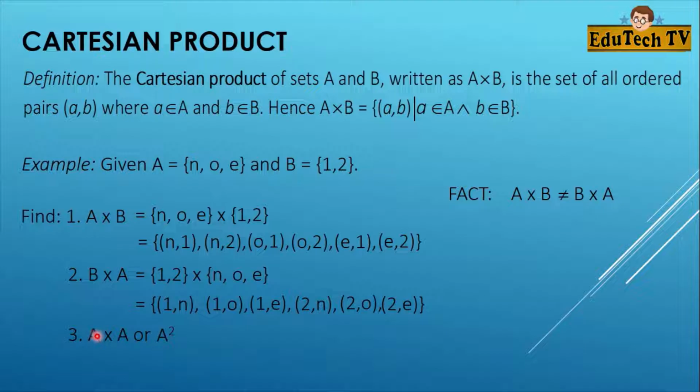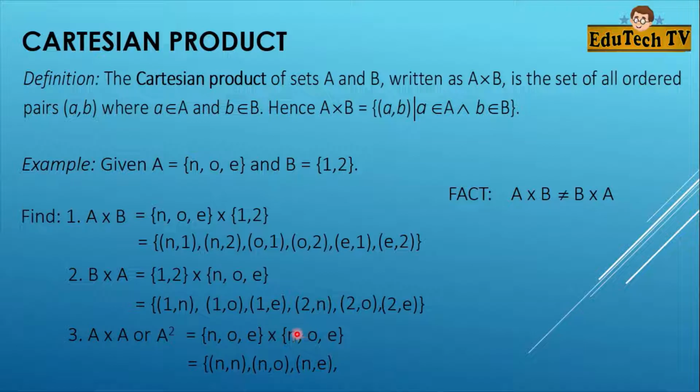Next, how about if we have A times A, or just simply A square? So meaning we have to multiply A by itself. So again, we have to write the elements of A, N, O, E times N, O, E. So the same process as the previous two examples. We just have to multiply N and N. That's not N square, okay, that's N and N. Next, NO. Then we'll have NE.